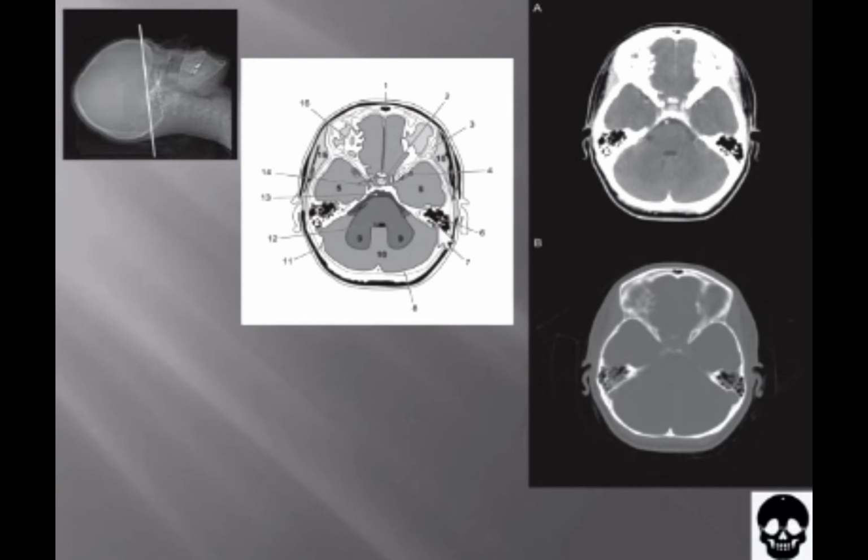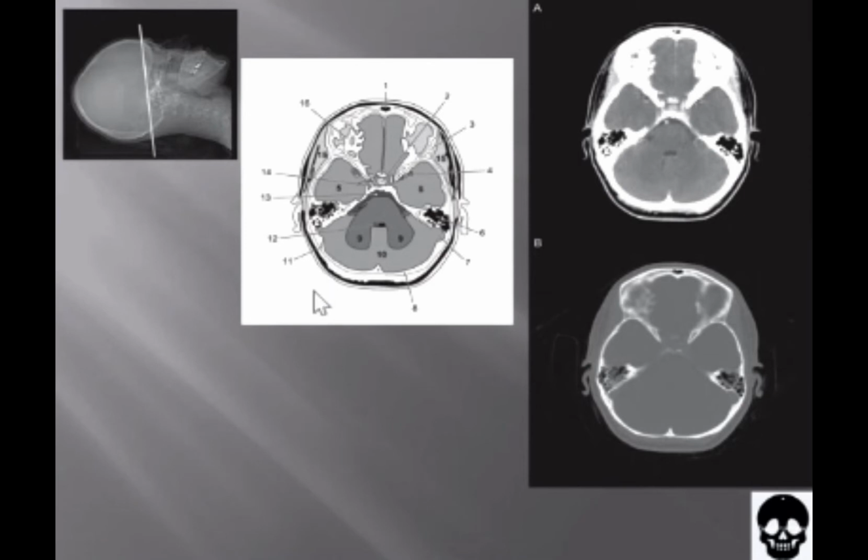Number 7, sigmoid sinus. Number 8, occipital bone. Number 9, cerebellar peduncles. Number 10, cerebellum. Number 11, right lambdoid suture.